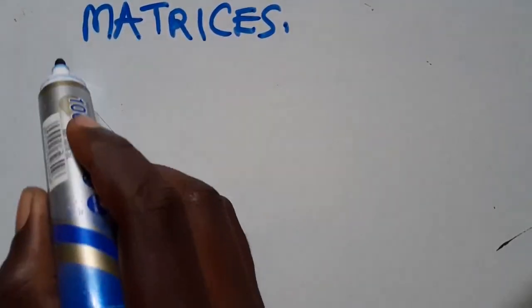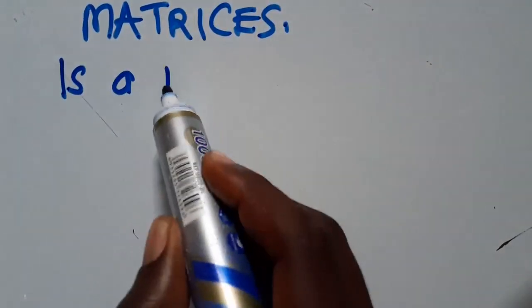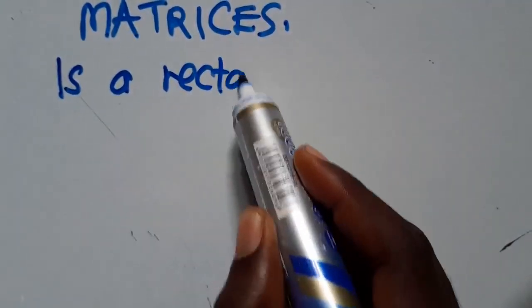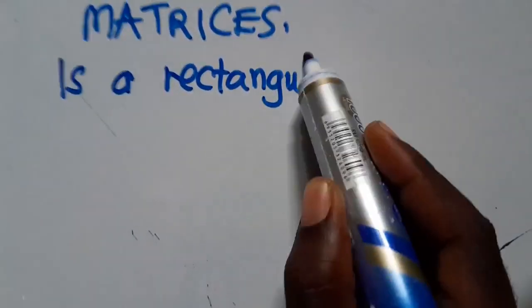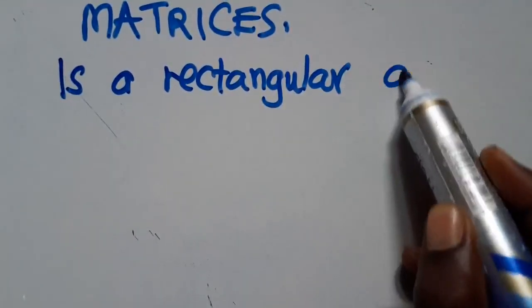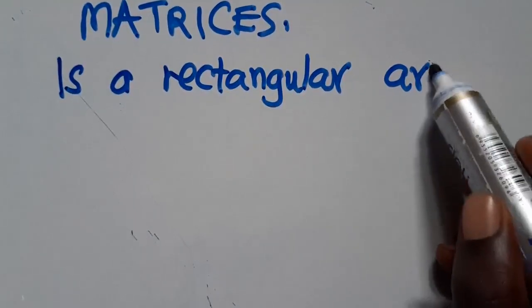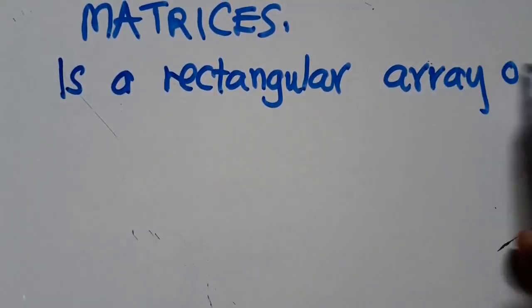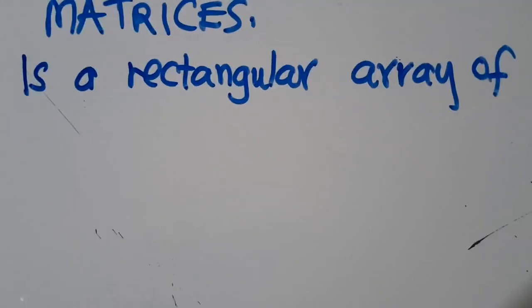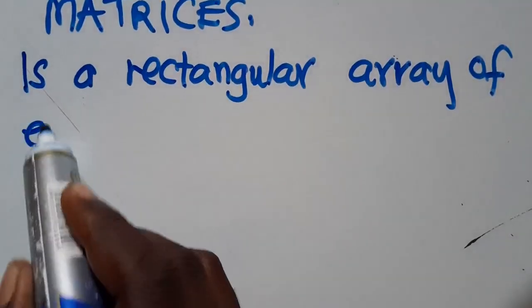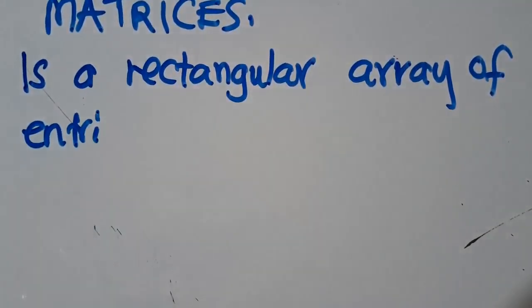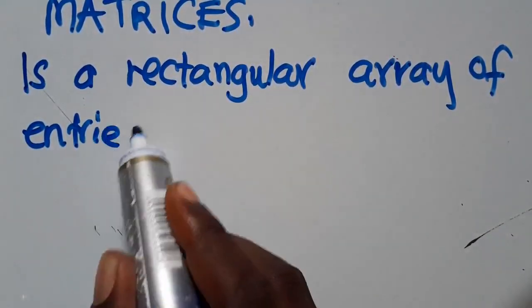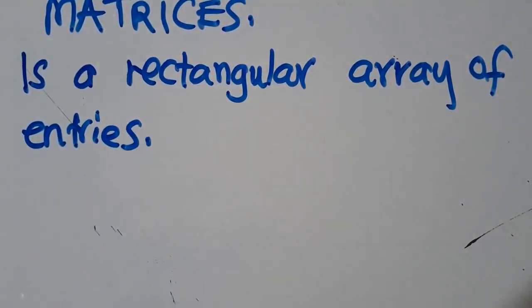A matrix, this is a definition, is a rectangular array of entries. They are called entries or elements. So this is what you need to know and understand.